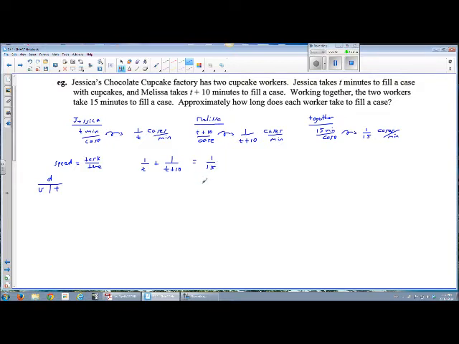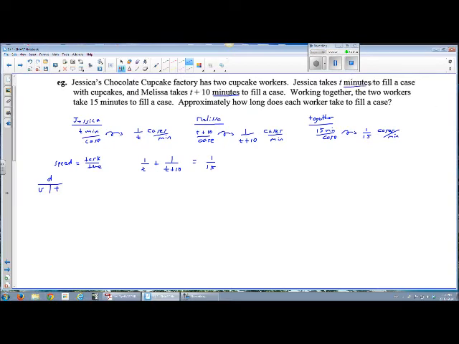And this is in terms of cases per minute, or cases over time, and since it is in minutes, we can assume that it is minutes that we're dealing with.